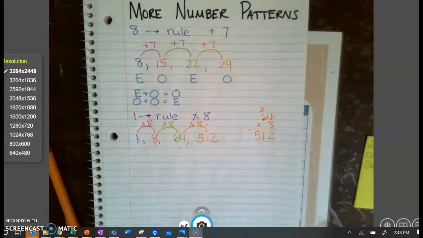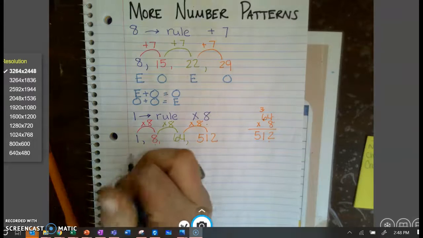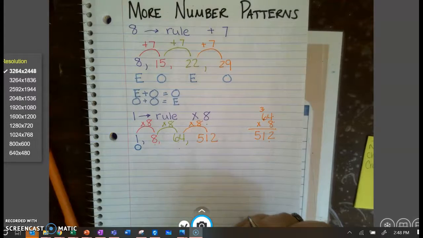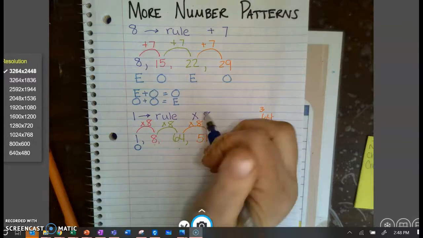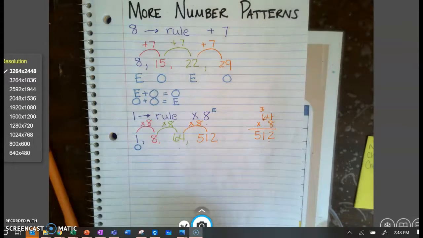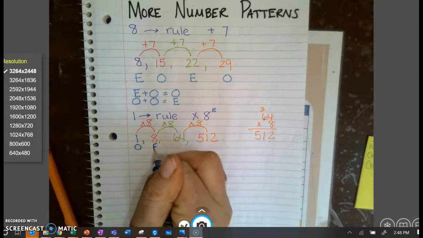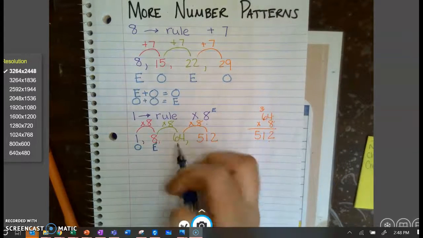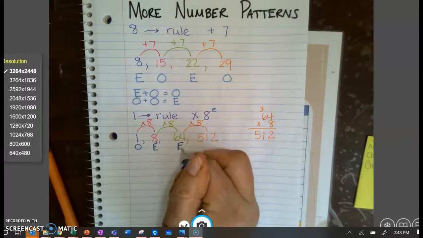Okay, now I'm going to make some observations about my pattern. So what I notice is I started with an odd number and I multiplied by an even number and got an even number. Here I started with an even number and multiplied by an even number and I got an even number.